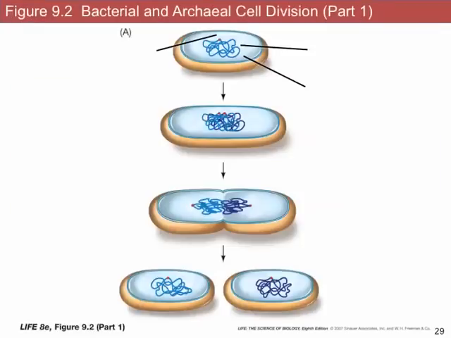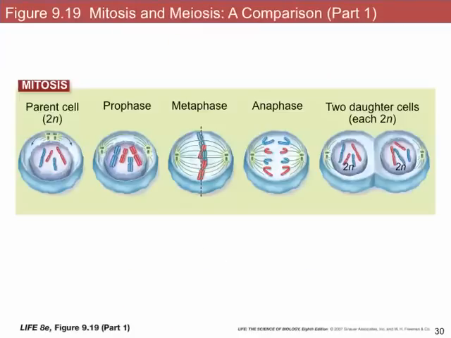Asexually? The primary mode of reproduction of any cell really is asexual growth. So in bacteria and archaea, you make a copy of the genome and you simply split down the middle in most cases. In eukaryotes, most of the time organisms are making copies of cells asexually. Like in our bodies, all of our cells are produced by mitosis, where there's a parental cell and it makes copies of its genome and splits in 2.